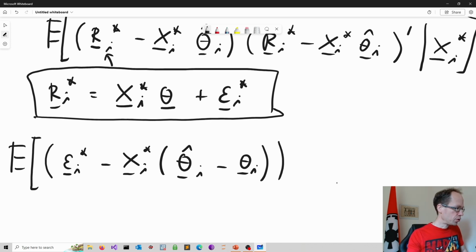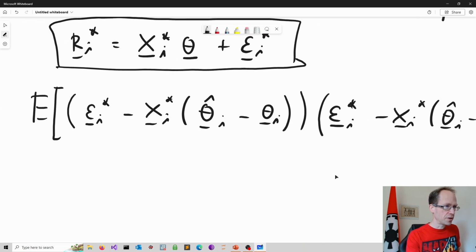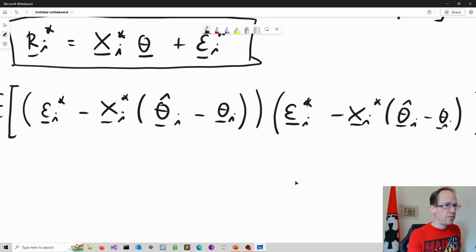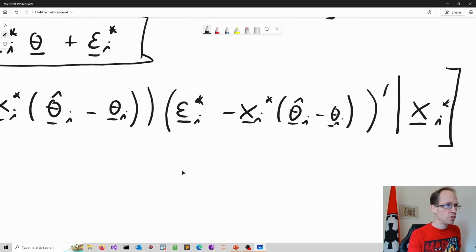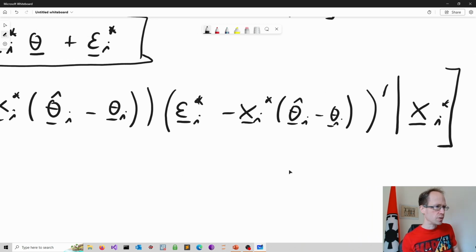That's the first term, and then I have the second term, which looks exactly the same. I just put here my transpose. So that's this monstrous equation. Then we basically multiply this out, and we have to notice one thing here with the transpose.